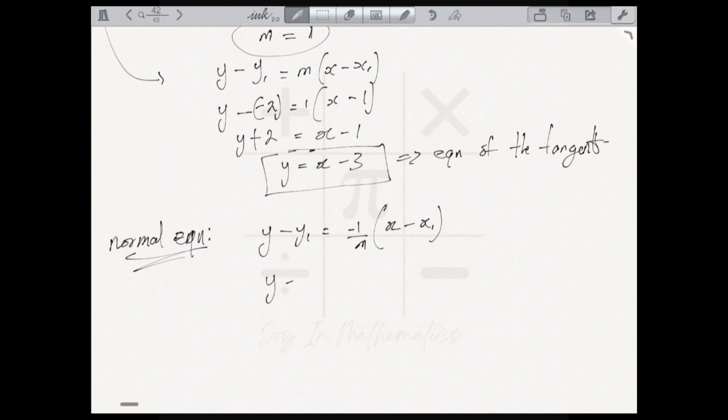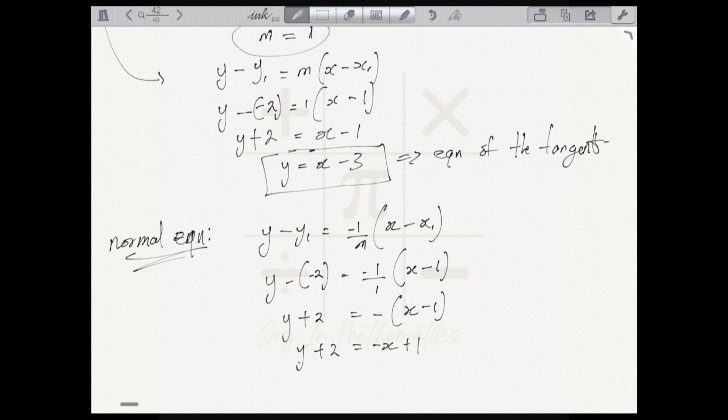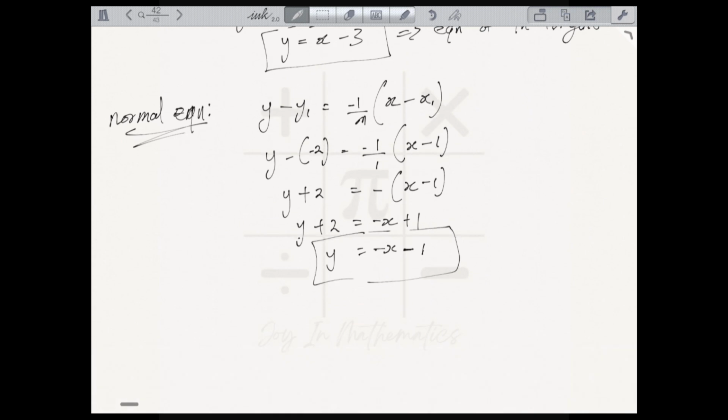So our y1 is -2, -1 over 1, x minus 1, and this gives us y plus 2 equals minus into x minus 1. So when we open up, we have minus x plus 1, and y will be minus x minus 1. So this gives us the equation of the normal.